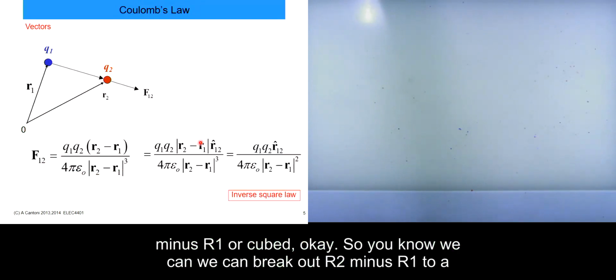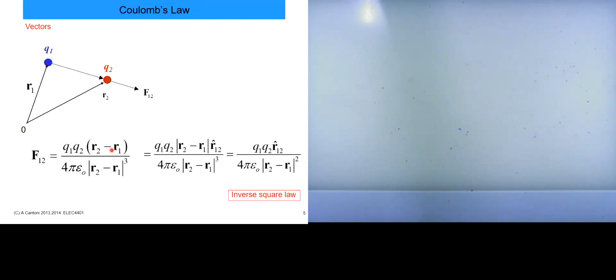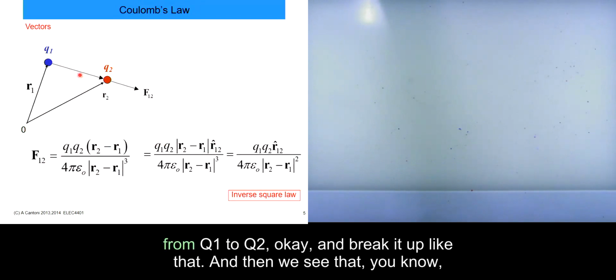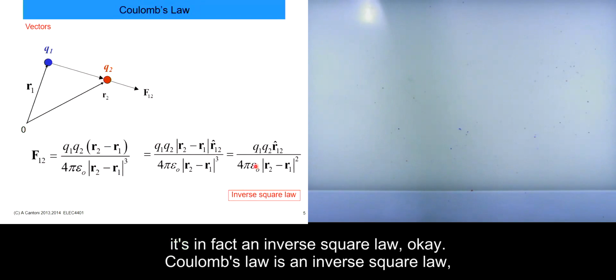We can break R2 minus R1 into a magnitude and also a unit vector in the direction from Q1 to Q2. Then we see that it's in fact an inverse square law. Coulomb's law is an inverse square law.